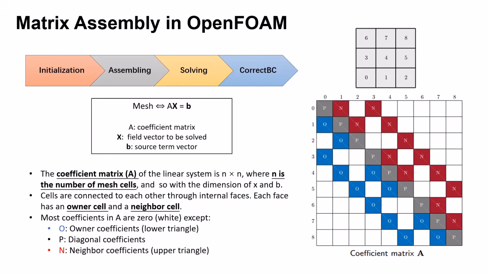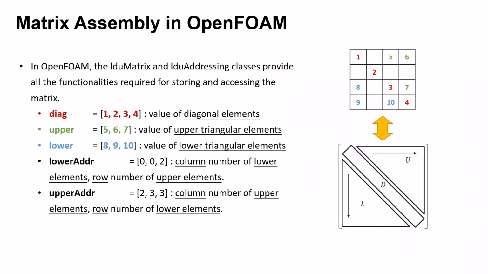The off-diagonal entry represents a face. For example, this entry represents the face between cell 2 and cell 1, this and this. And in OpenFOAM, this sparse matrix is stored and accessed by the LduMatrix and LduAddressing classes. The LDU here means lower, diagonal, and upper.